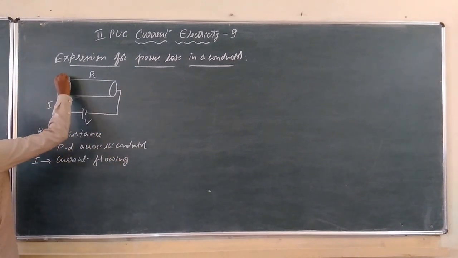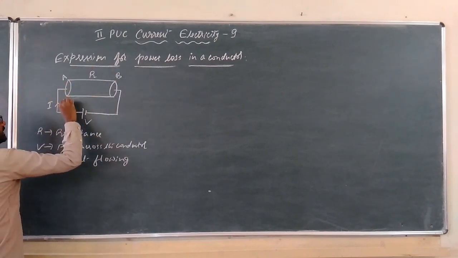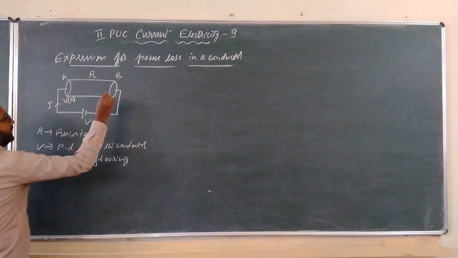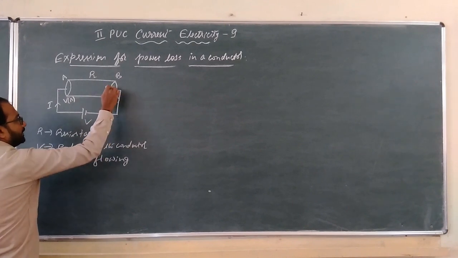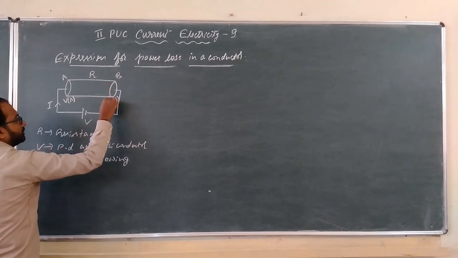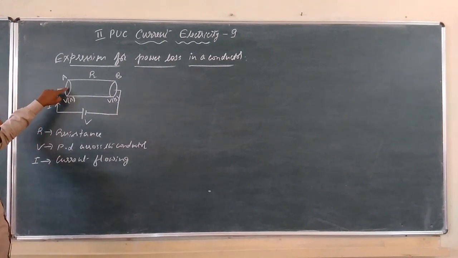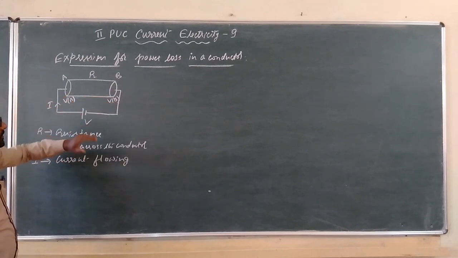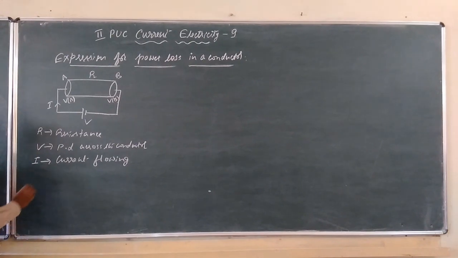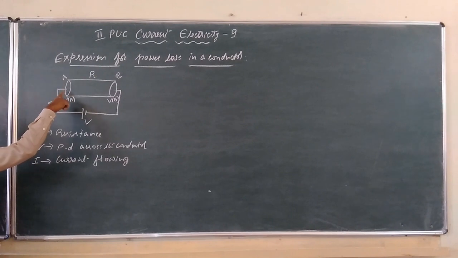Say this end is A, this end is B. The potential at this end is VA and the potential at this end is VB. It is not V into A or V into B; it is the potential at this end. So the potential difference V is equal to VA minus VB.